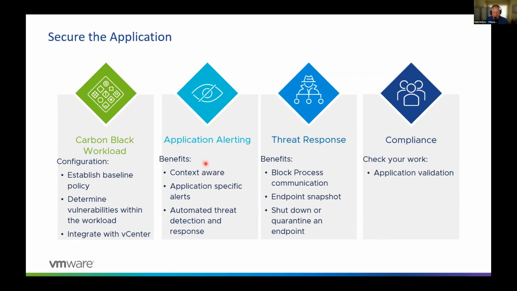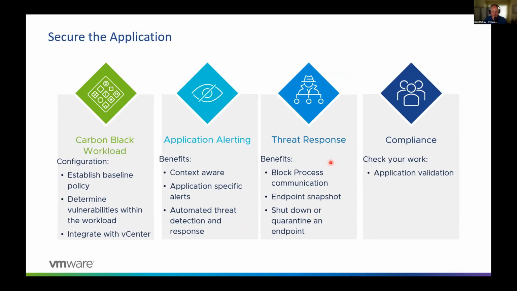I said that we were context aware, and we are through the use of the AppDefense platform. That provides a lot of contextual awareness. We can have those application-specific alerts, and we, of course, can have the automated threat detection and response as part of that baseline policy that I mentioned.